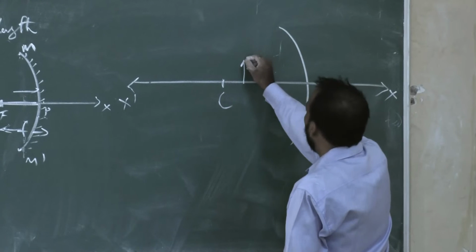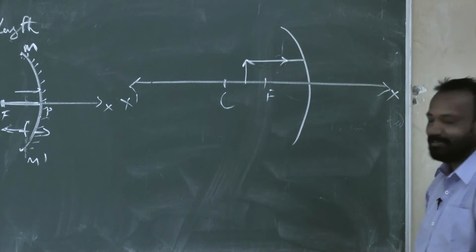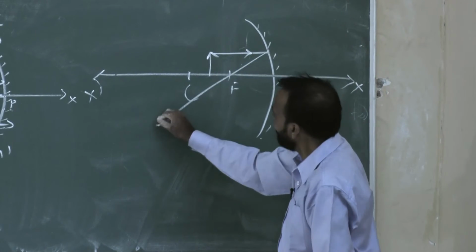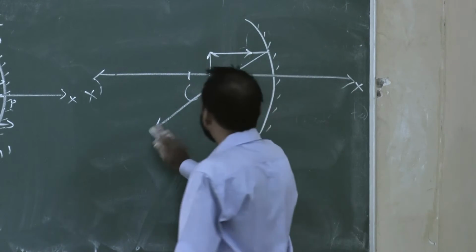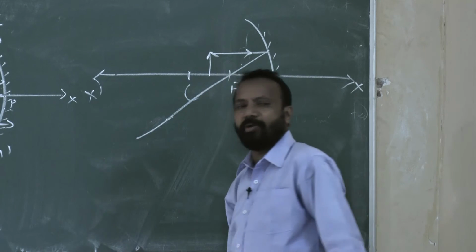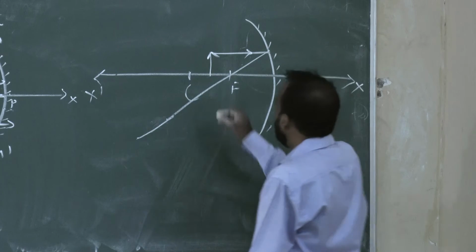So please tell me, one of the rays is incident on the mirror passing through the focus. Yes or no? Yes, sir. If the object is in between C and F, where will the image be? Beyond C. Now what happened?